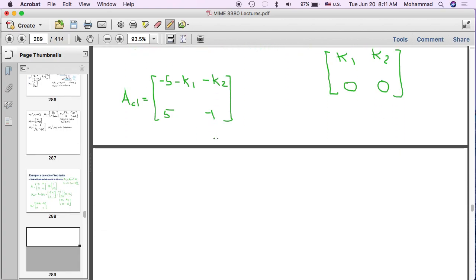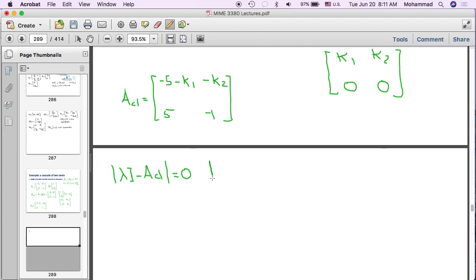The next step in design is to find the eigenvalues of the closed loop system. In order to find the eigenvalues of the closed loop system, we'll set up which determinant? The determinant of lambda I minus A closed loop, and we'll set that determinant equal to 0. That's how we find the closed loop eigenvalues.